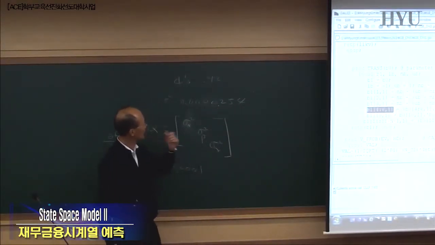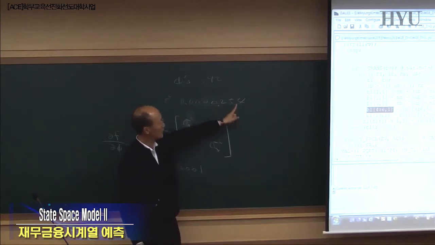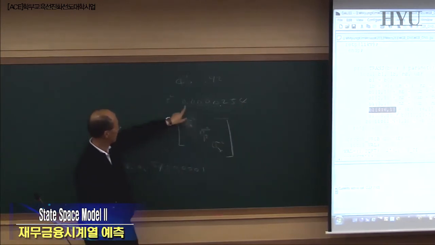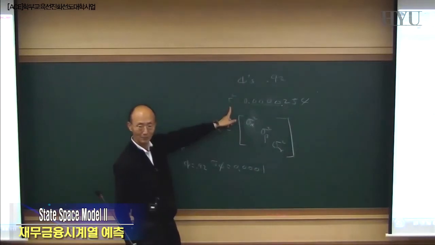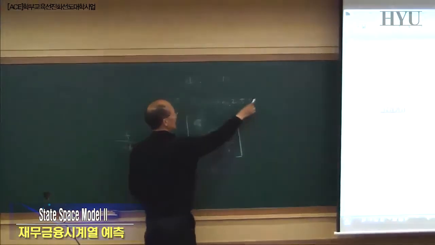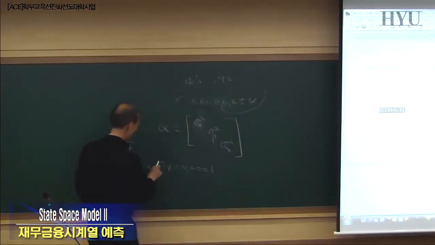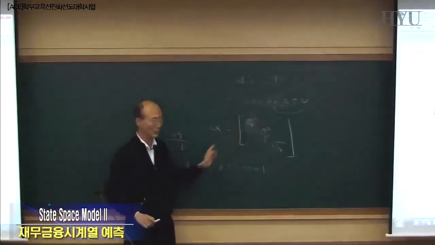So what I do is I put this as the initial guess, and this transformation function will make it back to this number. So what I like to do is work with this number and that number, about this scale.